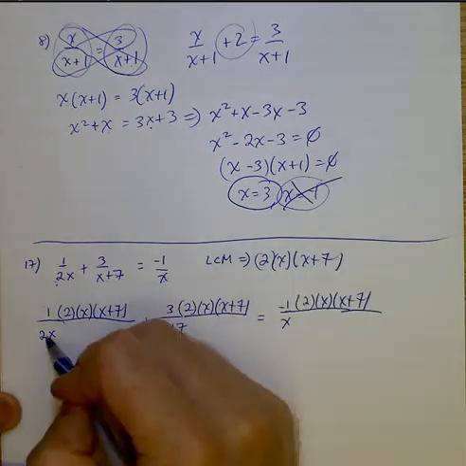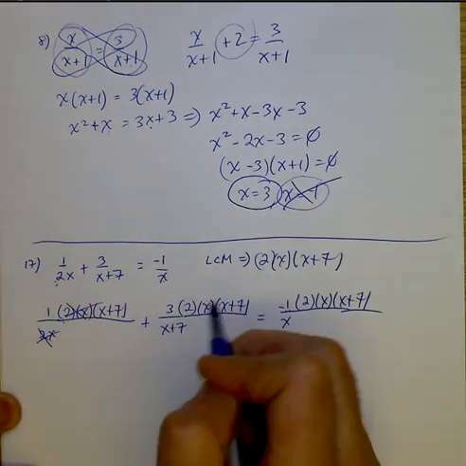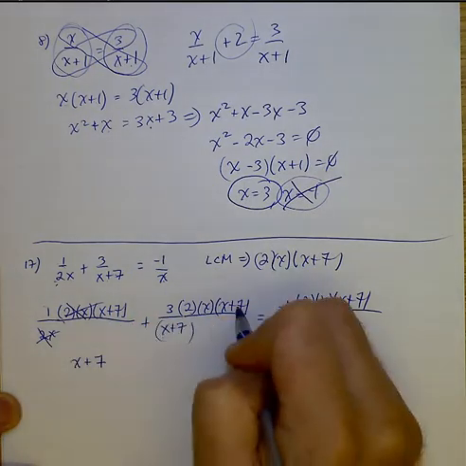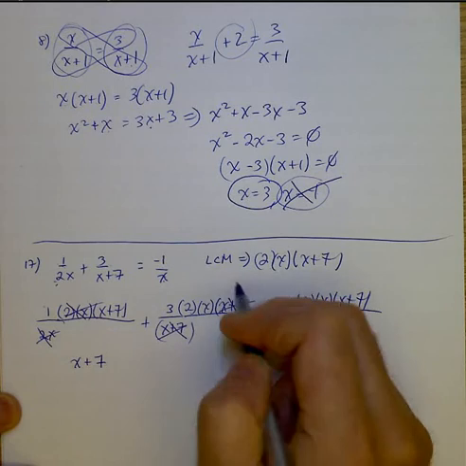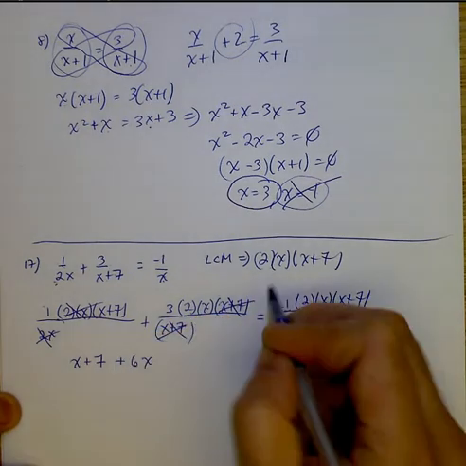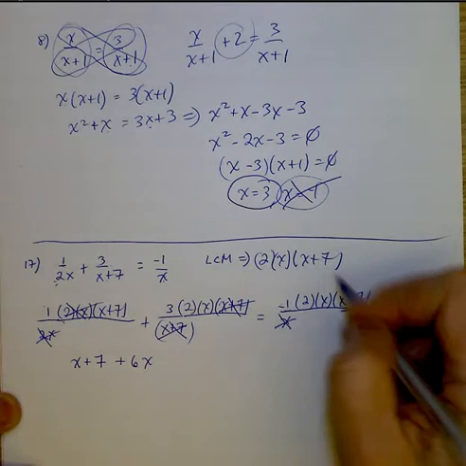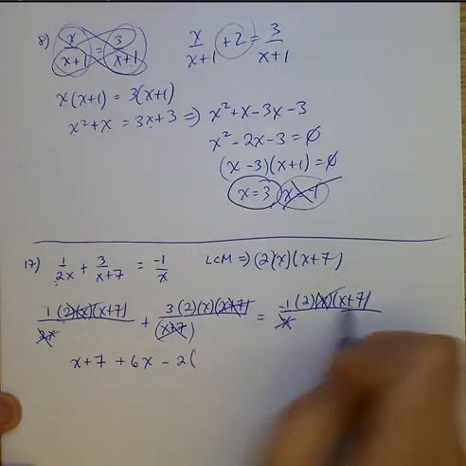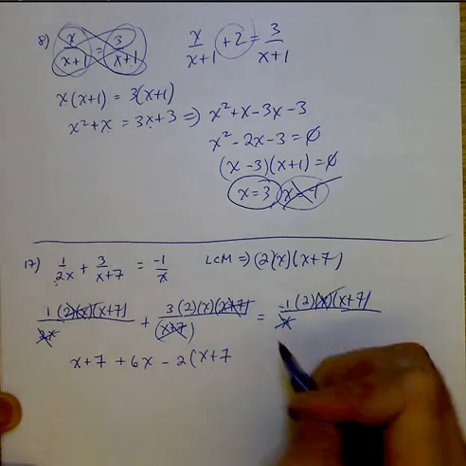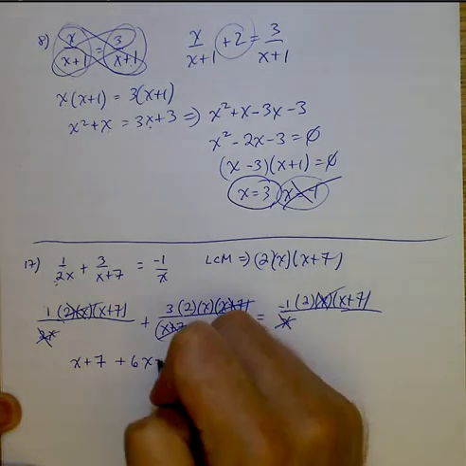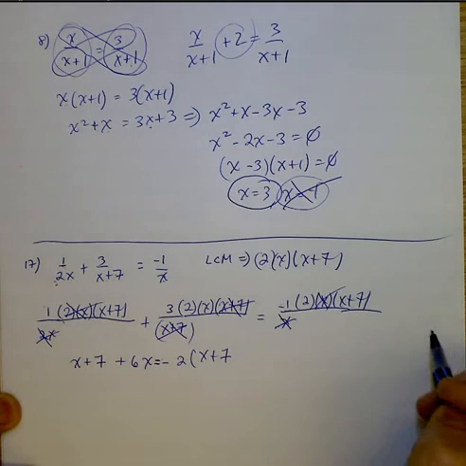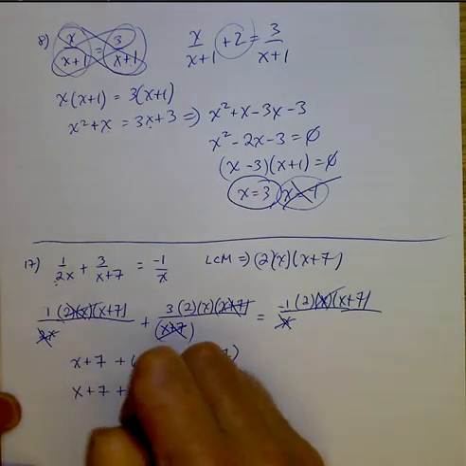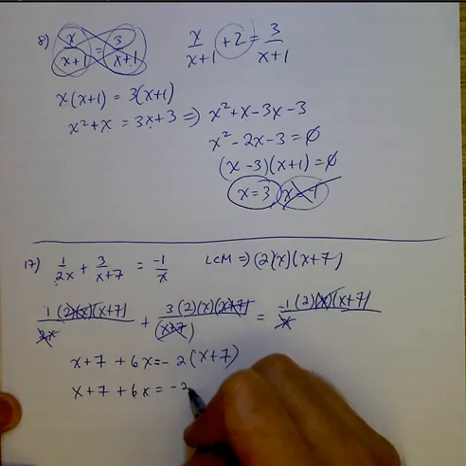Here I have a 2x with a 2x, so all I'm left with here is x plus 7. In this term, the x plus 7 goes with the x plus 7, and I'm just left with 6x. And on this term, this x goes away with this x, and I'm left with minus 2 times x plus 7, and there's an equal sign there. So now I'll simplify that by having negative 2x minus 14.